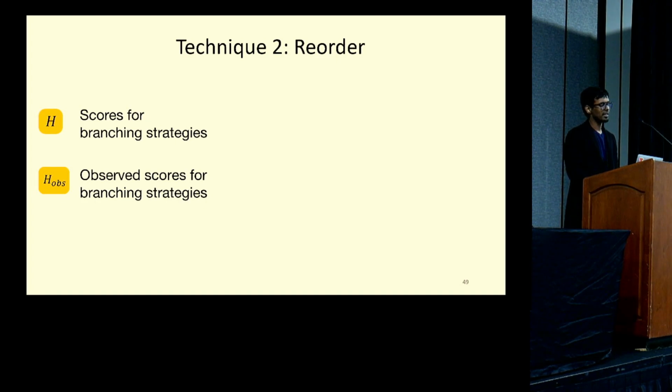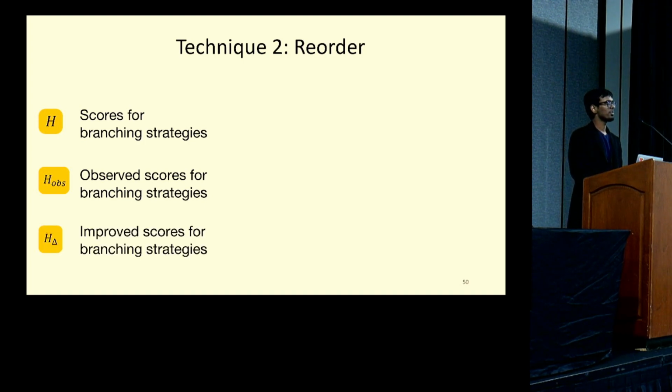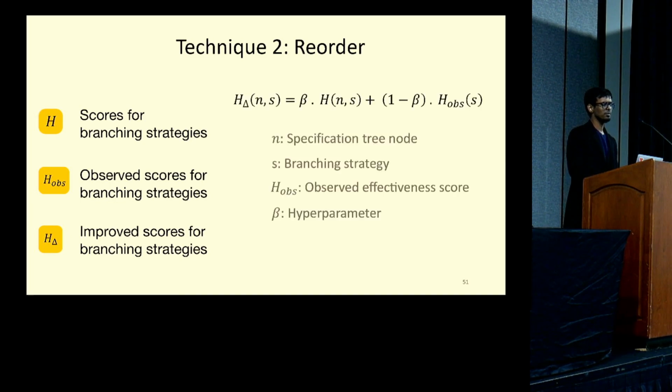We deprioritize the branching strategies that did not do well in the original verification. And we combine this observed score with our original heuristic, and we come up with this augmented branching heuristic H delta. The idea is quite simple. We just take a weighted sum of H and H obs and get this H delta, where beta is the hyperparameter.